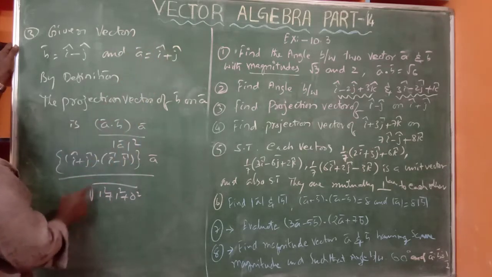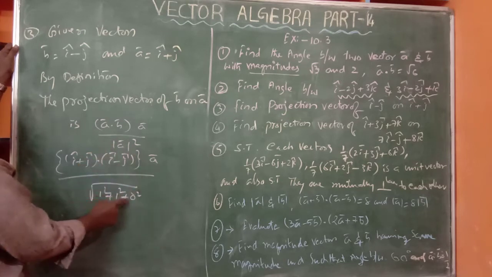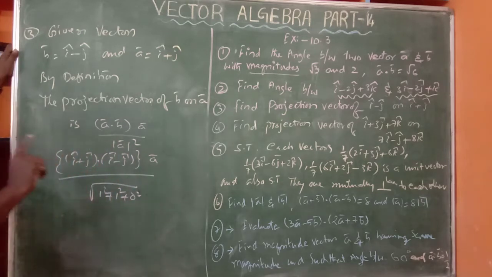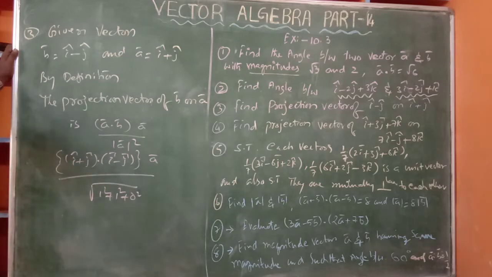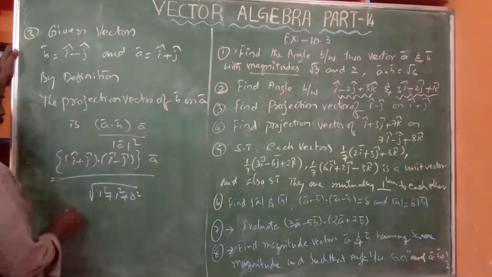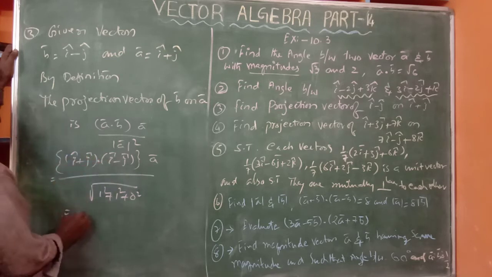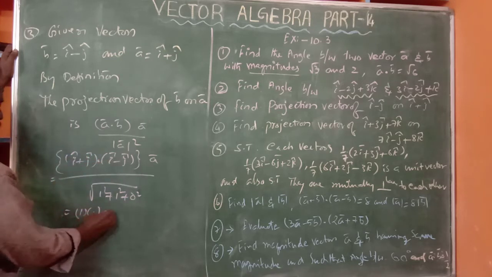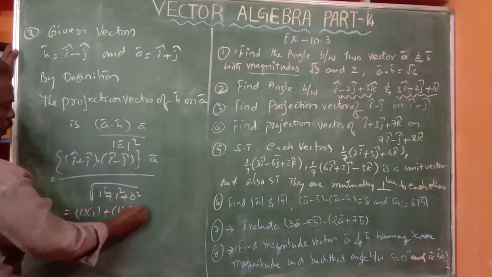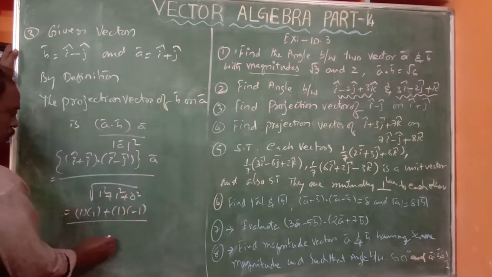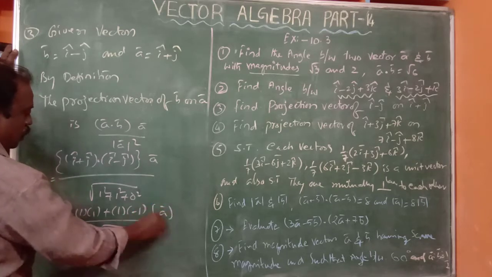The modulus is always the square root of the sum of squares of components. You have to maintain the formulas first, otherwise it is somewhat difficult. Here i dot i is there: 1 into 1 plus 1 into minus 1, by root 2 into this is A bar.